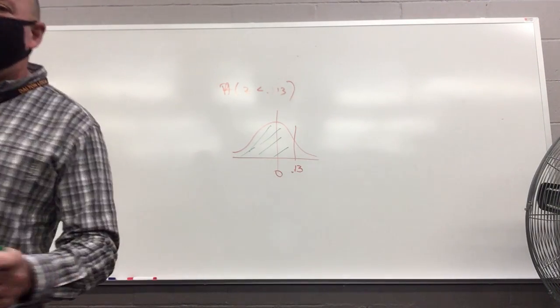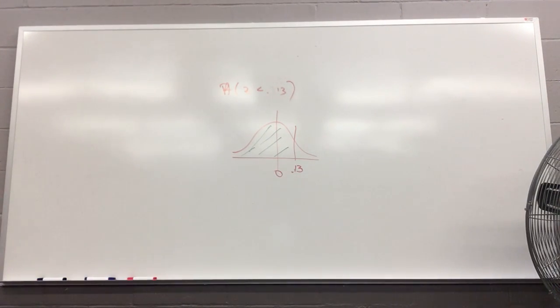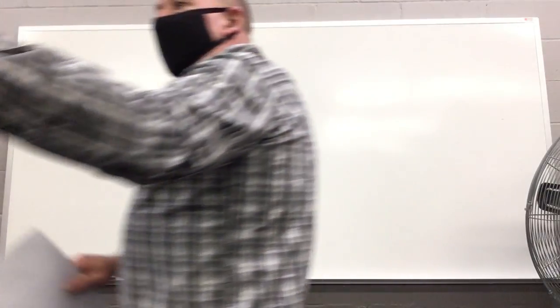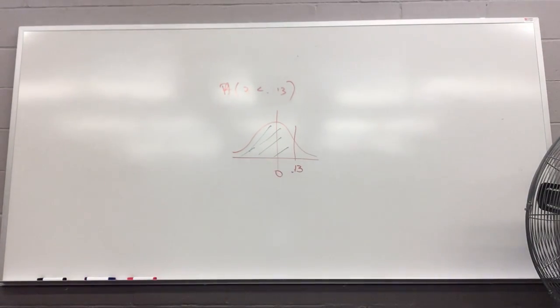So we can go to our table and look up a z value of 0.13. So I go to 0.1 in my left column and then go over to 0.03. And we get a value of 0.0517.